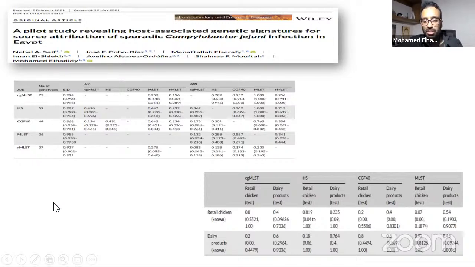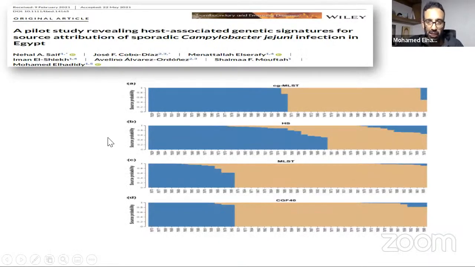So this is the discrimination power, and this is a source attribution analysis that we made with STRUCTURE. The good thing about STRUCTURE is that it estimates the allelic divergence among different reservoirs, and it's pretty simple. We used these typing methods: the core genome, the host segregation, the MLST, and the CGF40, to compare the discriminatory power.